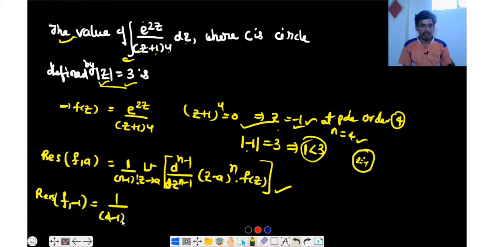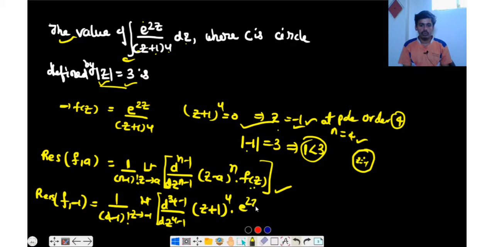and n is 4. So 1 by (4 minus 1) factorial, limit z tends to minus 1, d to the power 4 minus 1 by dz to the power 4 minus 1 of (z plus 1) to the power 4 into f of z, which is e^(2z) by (z plus 1) to the power 4.